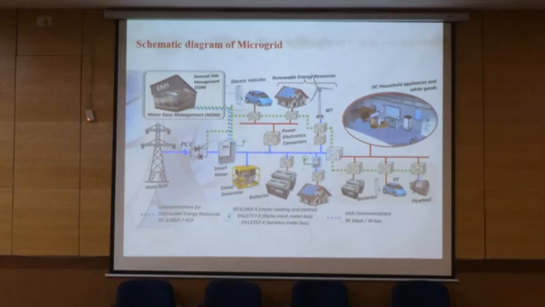We have some loads and some generation, so it can make the balance between the generation and consumption by the energy management system. If some problem happens, we can disconnect, which means that we are in the isolated mode. But when we connect to the grid, we are in the grid connected mode.